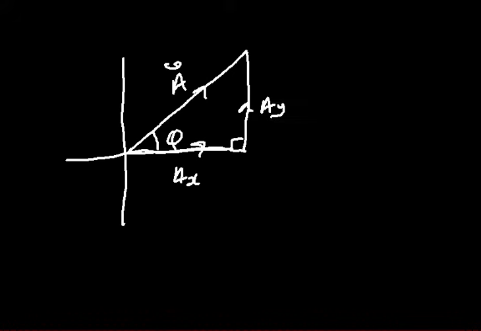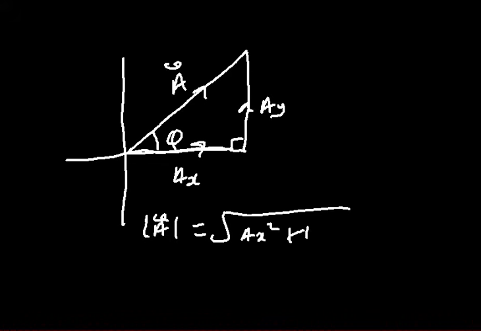How can we find the magnitude of the vector A in that case? Using the Pythagoras theorem, the magnitude of the vector A is equal to the square root of Ax squared plus Ay squared. The direction, which is this angle, is calculated from the trigonometric ratio, opposite over adjacent, that is tan.